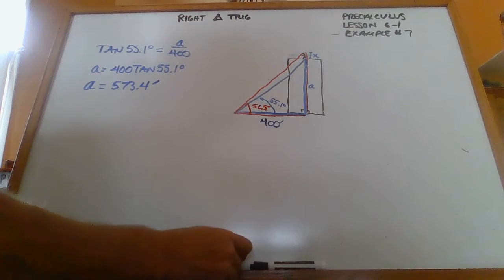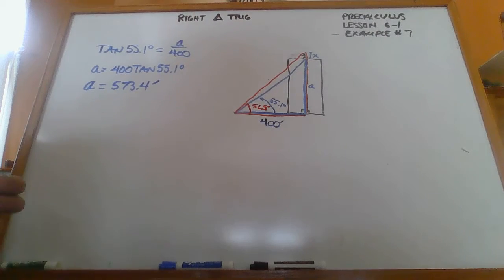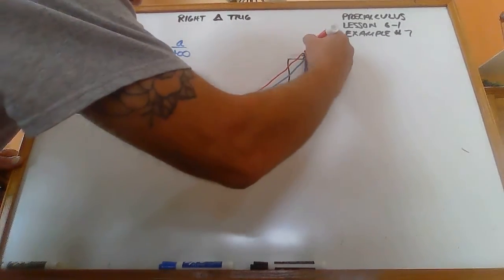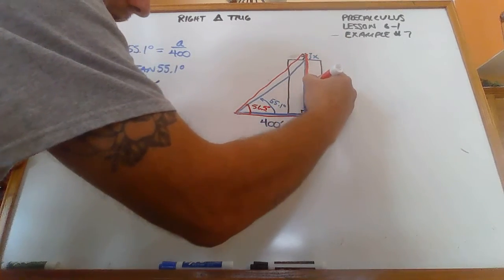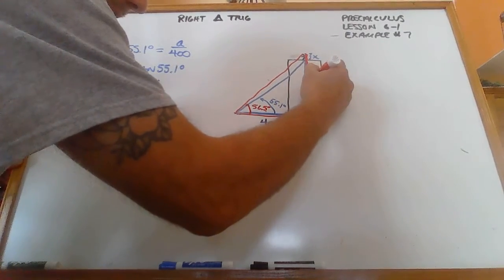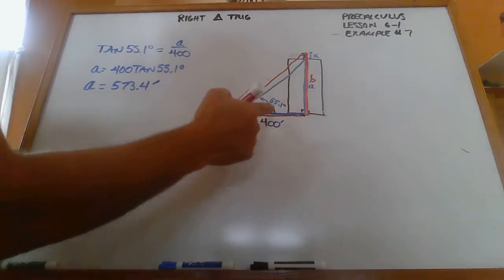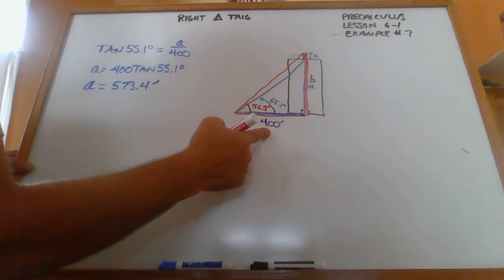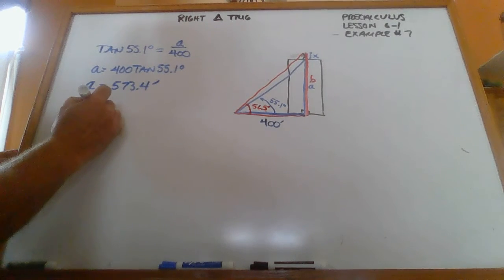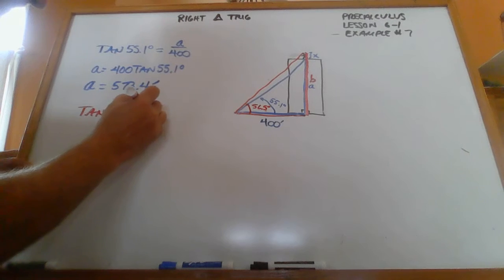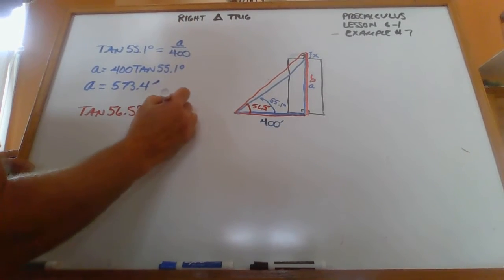You're not done yet. So we need to do this again. We need to find this side this time. Make it a little bolder. We're going to call the red segment B. And again, that's the side opposite. The side adjacent is still the same, so I'm still going to use tangent. The tangent of 56.5 degrees this time would be B over 400.